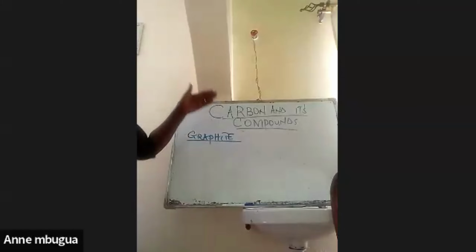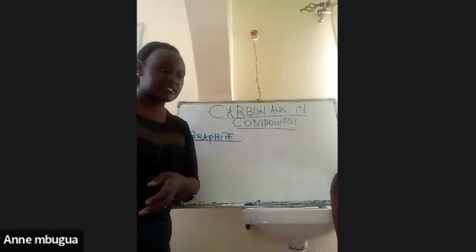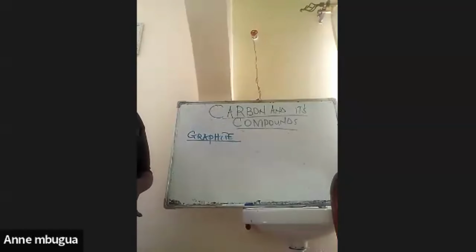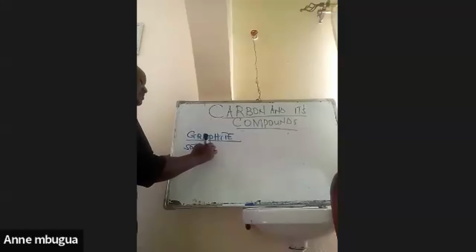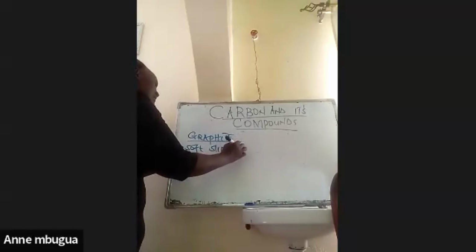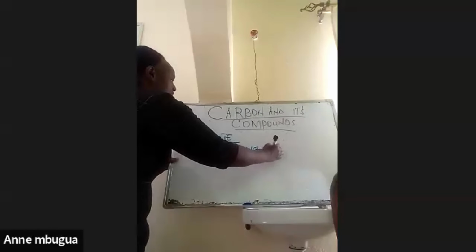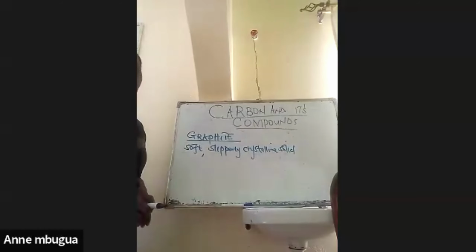As I have gone through with diamond, I'll repeat the same with graphite, starting with its appearance. This one is a black, soft, and slippery crystalline solid.